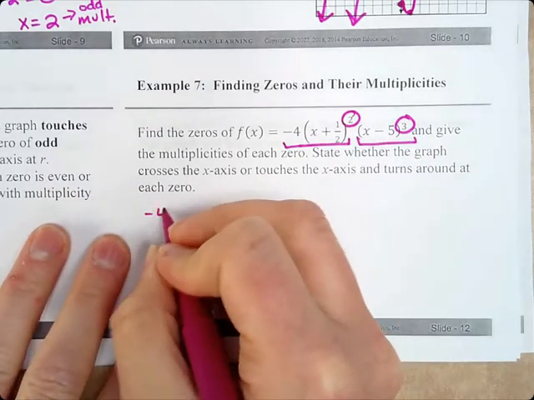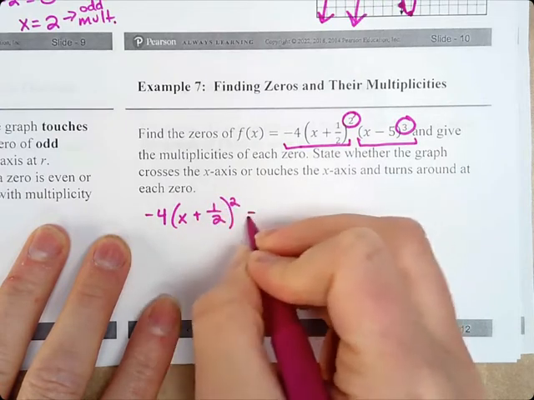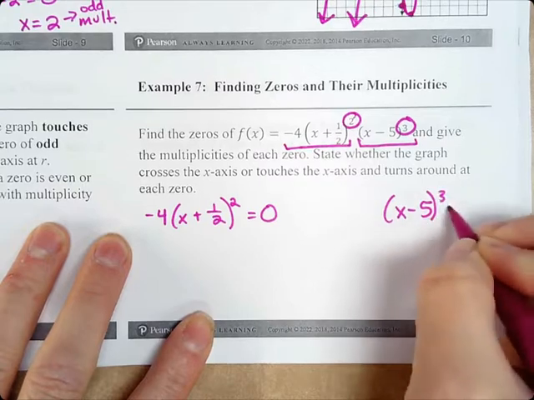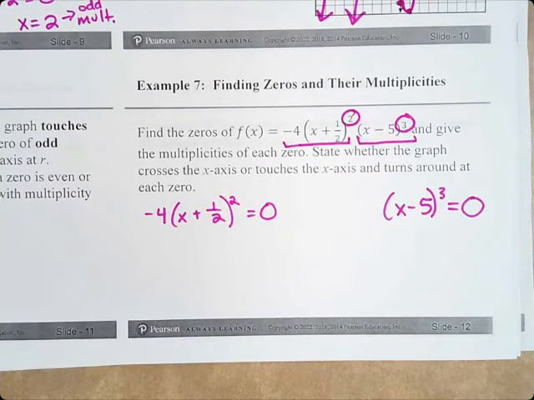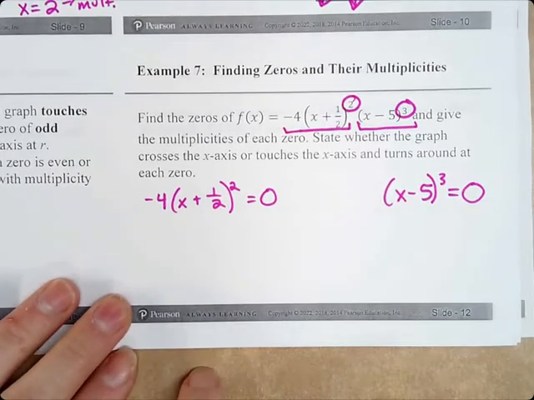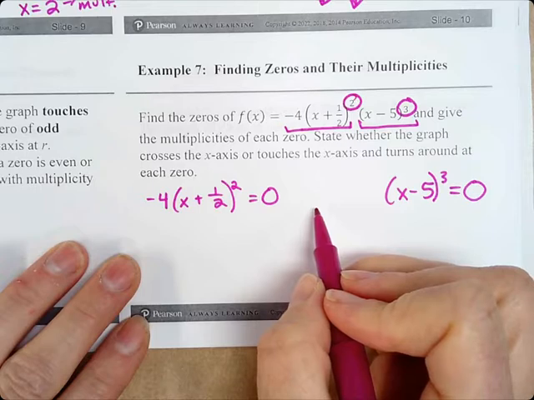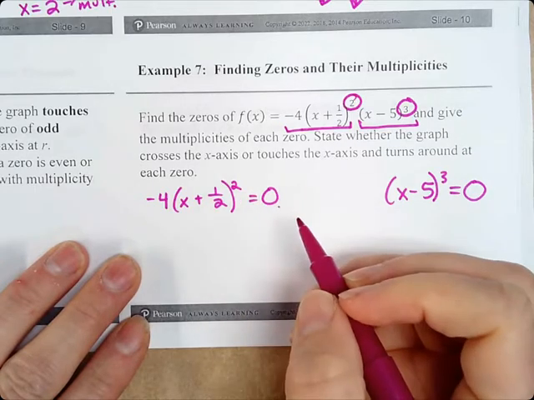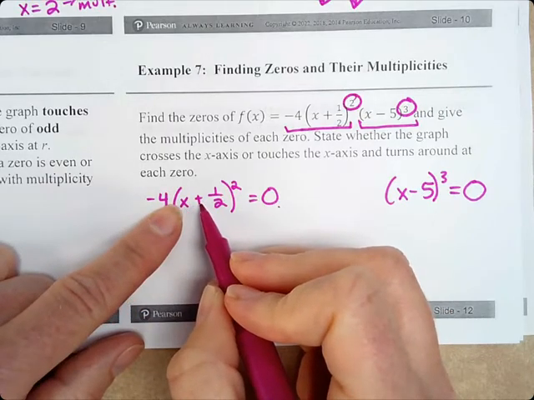So -4x plus half squared equals 0, and x minus 5 to the third power equals 0. To solve this, you would divide by the -4 all the way through to get rid of that, which would still be 0. Take the square root. And what x really is right here is just -half.